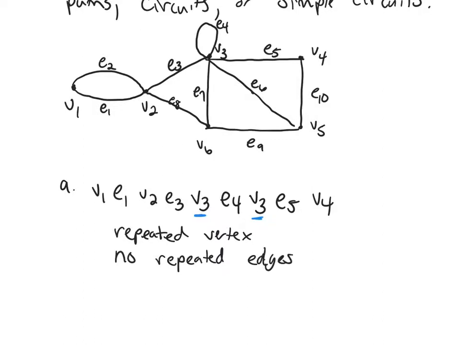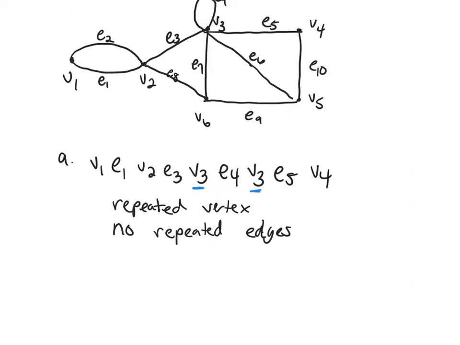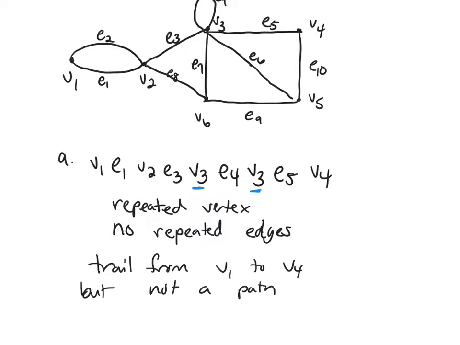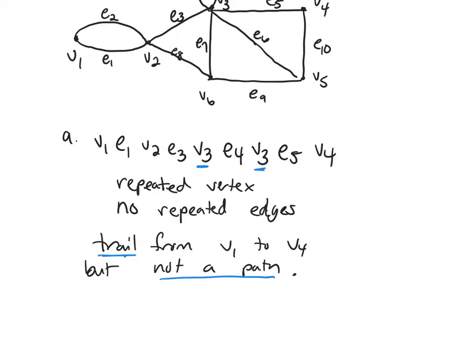So if you look back at your table, which ones could I have a repeated vertex and no repeated edge? This is a trail from V1 to V4, but it's not a path. So I'll say it is a trail, but it's not a path. If you look back at the table, it's not a path because it has a repeated vertex.